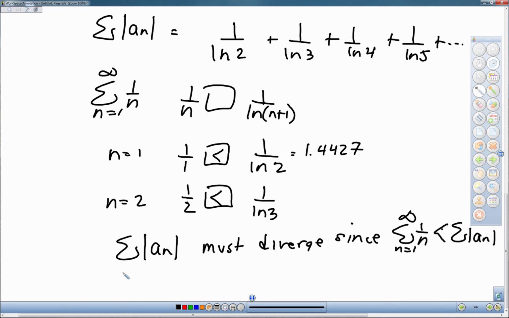And since this harmonic series diverges, by the direct comparison test our absolute value of a sub n must diverge as well. Therefore, the series of a sub n is conditionally convergent.